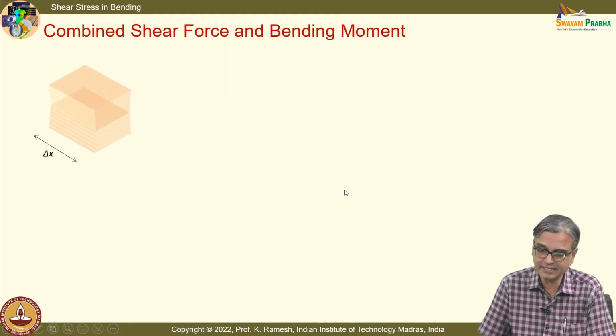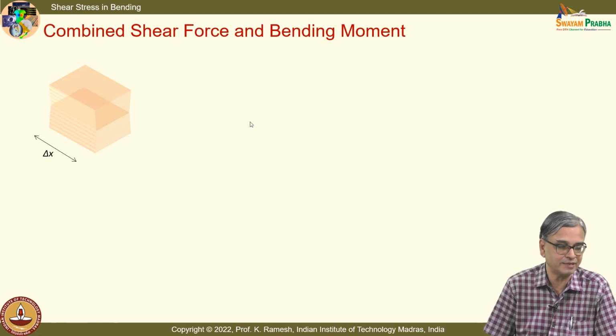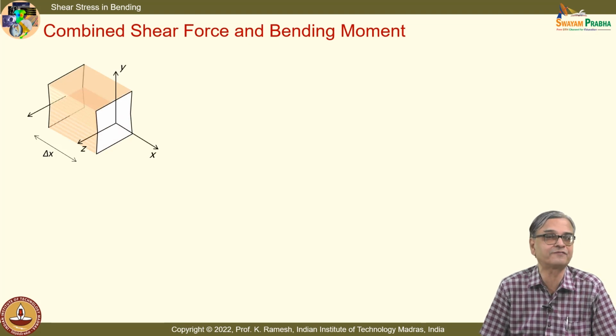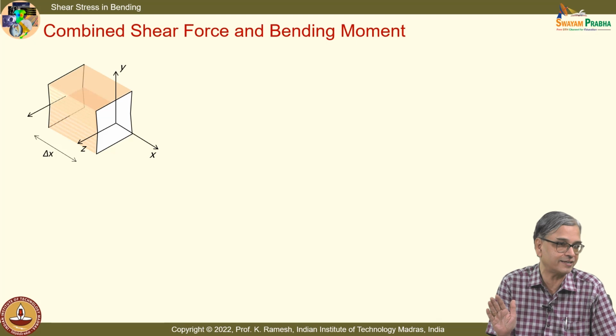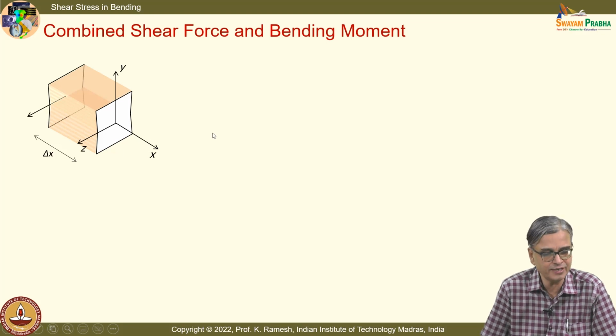We have already seen that when I have a constant bending moment, the life was very simple. The moment even I introduced a constant shear force, bending moment was varying linearly. Now, we will take up a very generic case, and here the sign convention you have to follow, that is very important. And we say on a positive surface, positive shear is shown in the positive direction.